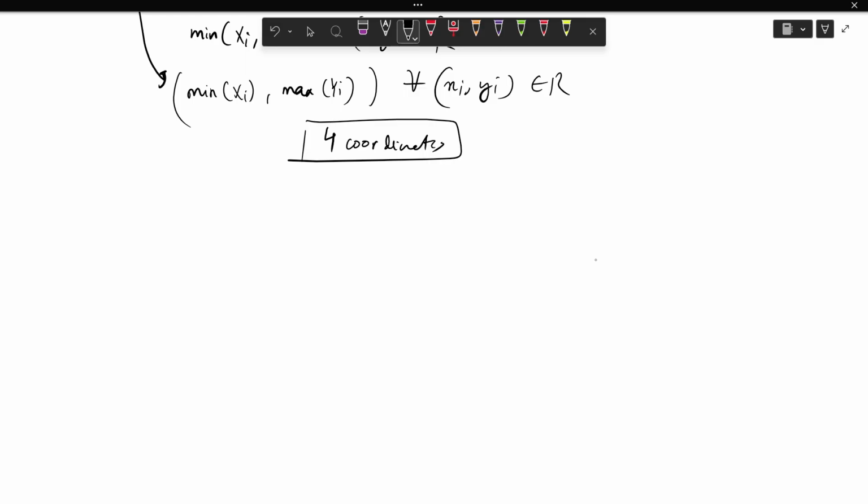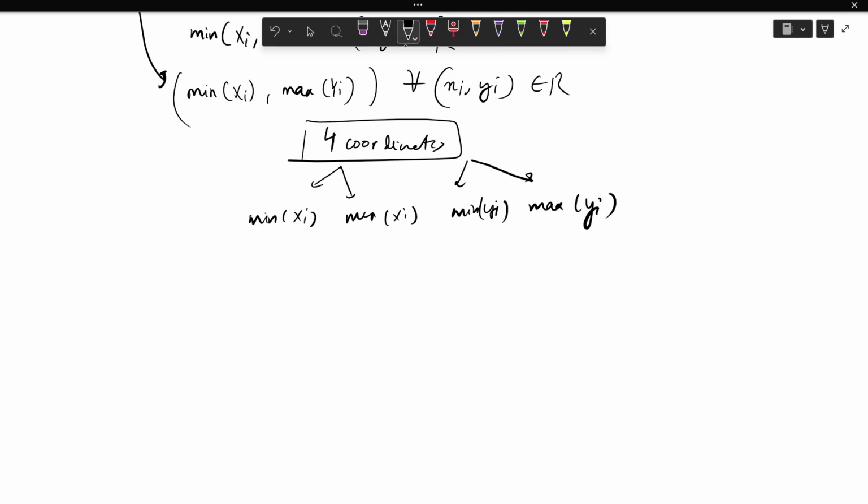So the 4 coordinates that we care about are the minimum xi, the maximum xi, the minimum yi, and the maximum yi. These are the points that are enough to form a rectangle with the minimum perimeter.